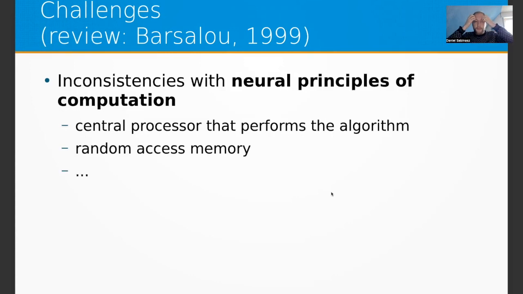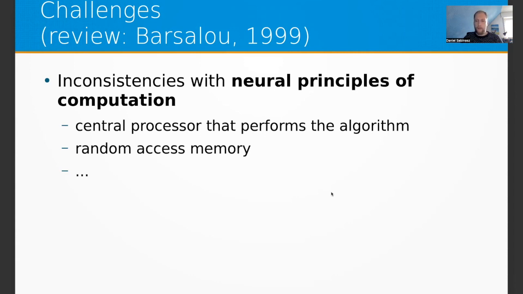And finally, this algorithmic symbol processing view is inconsistent with neural principles of computation. The algorithm itself doesn't actually state how the neural networks of the brain could realize that algorithm. An algorithm assumes that there's some central processor that performs the algorithm, which can make use of a random access memory.